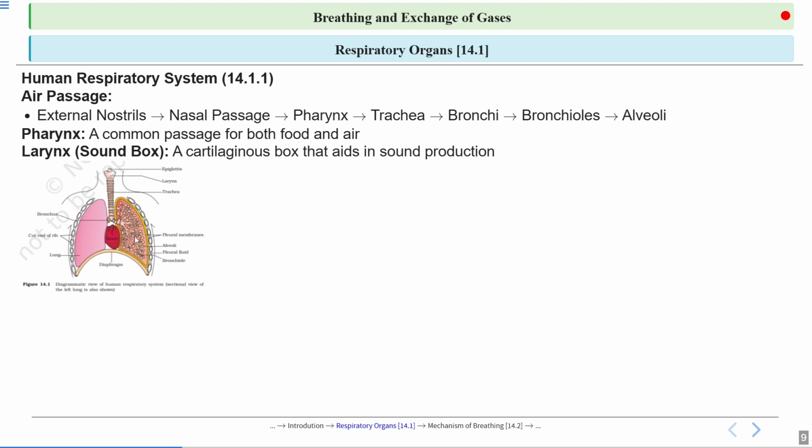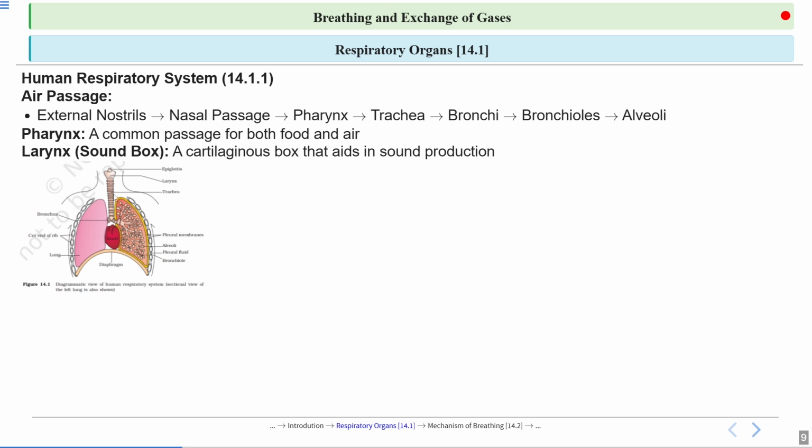Now there is a layer surrounding the lungs known as the pleural membrane. This is the entire lung here. The membrane surrounding the lung is known as the pleural membrane. Pleural fluid is present between this membrane. The pleural membrane is double layered, so between the layers pleural fluid is present.